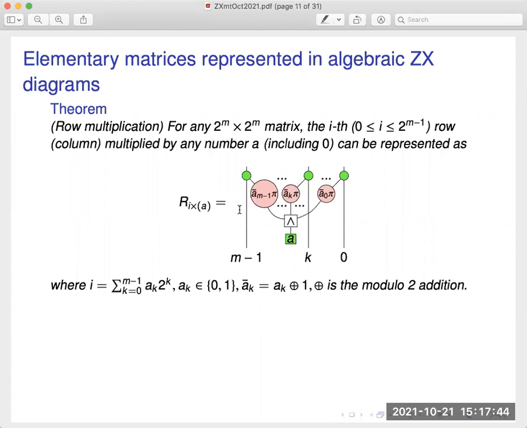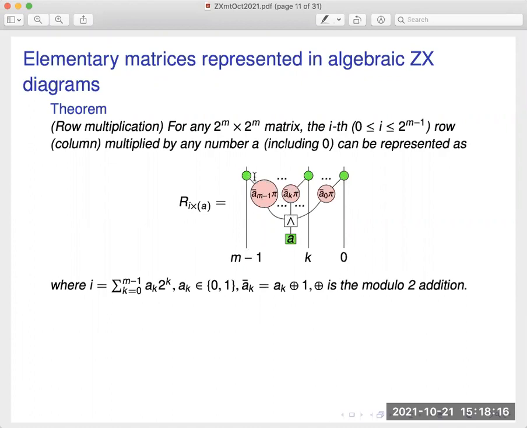So what does this diagram mean? Because it's 2^m times 2^m, you get m wires, and here you count from 0 to m minus 1, and then you get m green nodes here, and there is an AND gate.